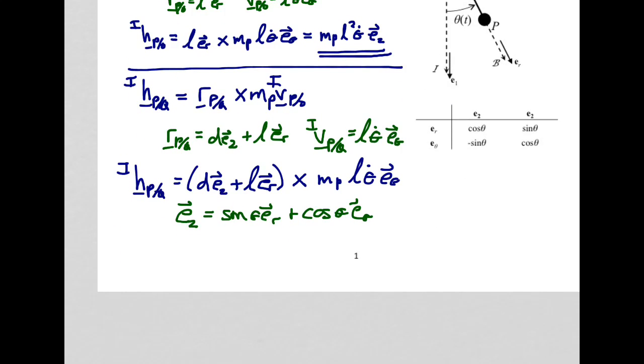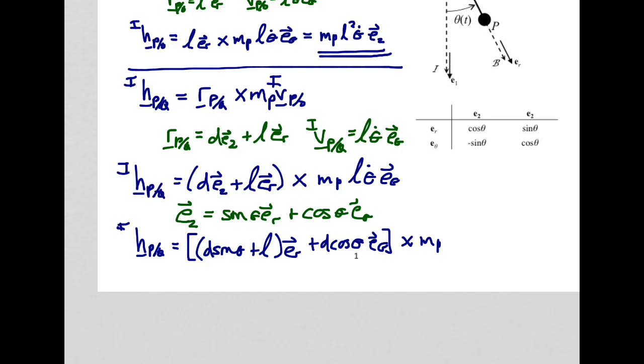So we make that substitution, and we get that the angular momentum of point P relative to Q as observed in the inertial reference frame is equal to d sine theta plus L in the ER direction. We collect our terms in that basis vector ER plus d cosine theta in the E theta direction, cross with the mass of point P, L theta dot, in the E theta direction.